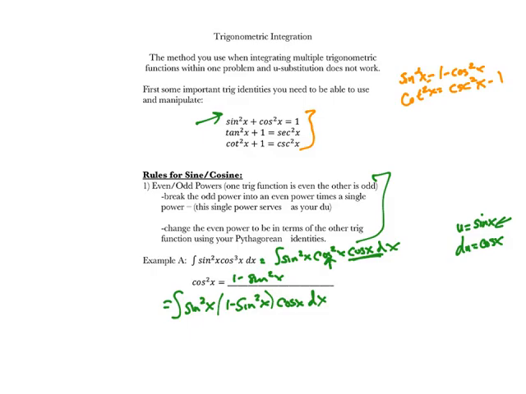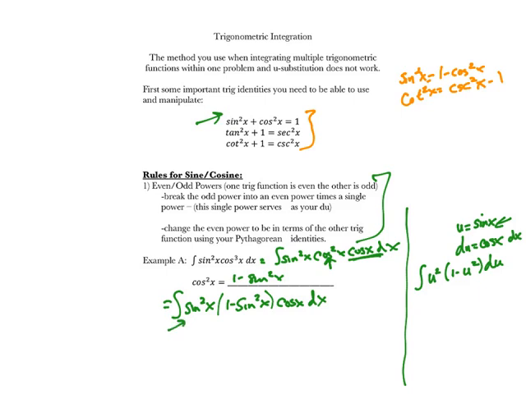So now, when I look at my u substitution over here, I can say, all right, well that's just u squared times 1 minus u squared du, and I forgot my dx on my du. So everything is represented by u's.